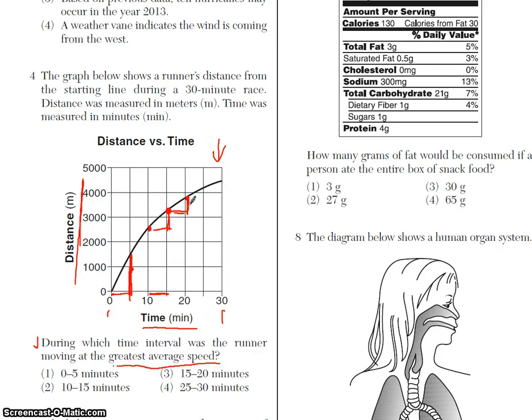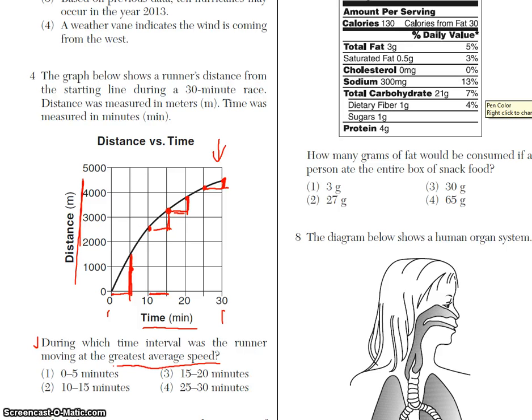And then finally, from 25 to 30, so here's 25. This is his position at 25. This is his position at 30. So you can see he only traveled this amount in those 5 minutes.